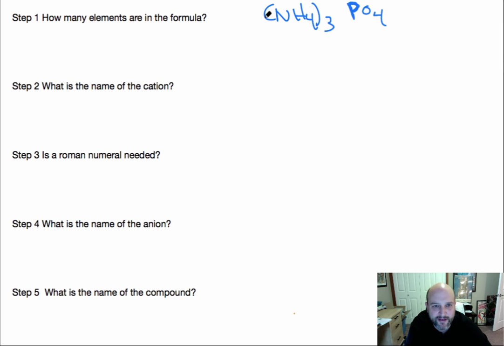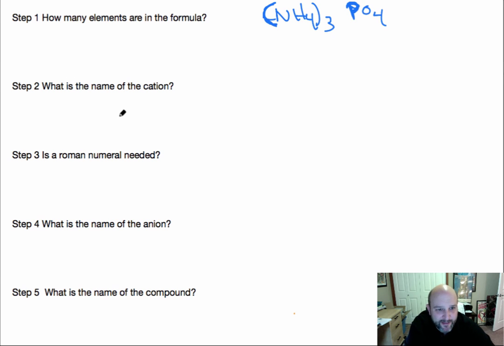This is more complicated, so we're either going to need to identify this as being a covalent compound, or we're going to have to recognize the polyatomic ions and name it appropriately. So what is the name of the cation?